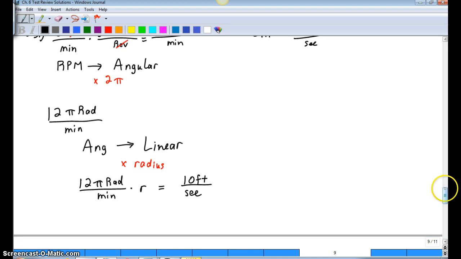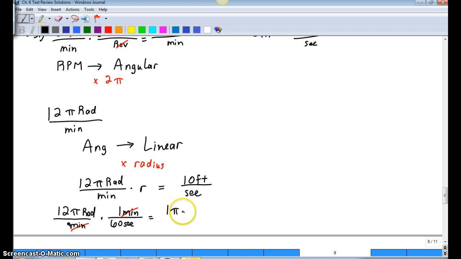So let's do just the minutes to seconds. So 12 pi over minutes. We're going to multiply by 1 minute over 60 seconds. Minutes cancel. There we go. And 12 over 60 is the same as 1 over 5.